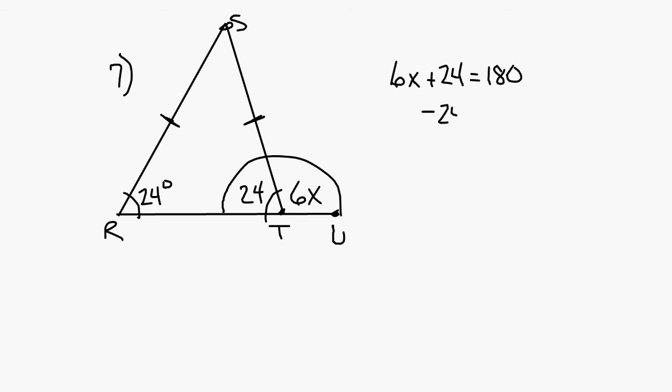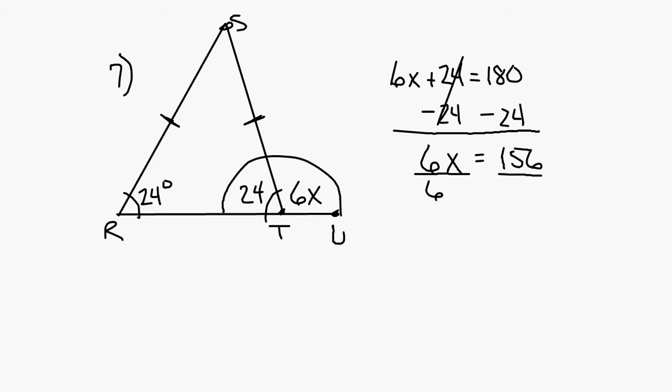Subtract 24 from each side. These will cancel out, and 6x will equal 156. You can divide both sides by 6. And x equals 26.